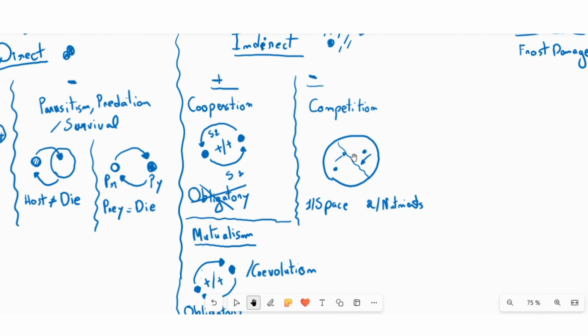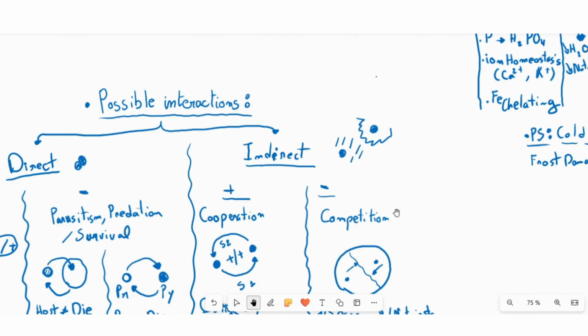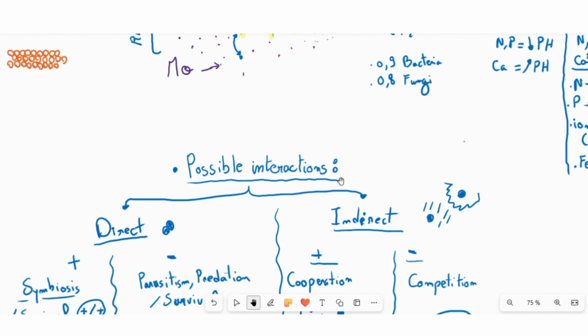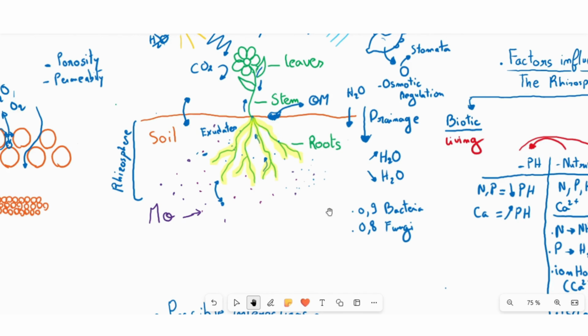In the soil, we can see how these interactions come into play, because as these microorganisms are degrading certain nutrients, they are competing over nutrients and surface space of the root system.